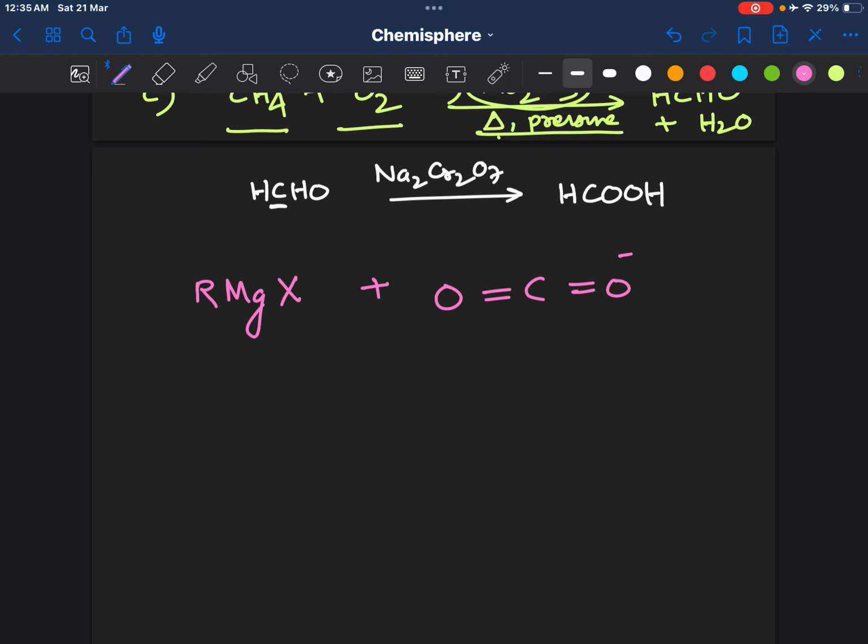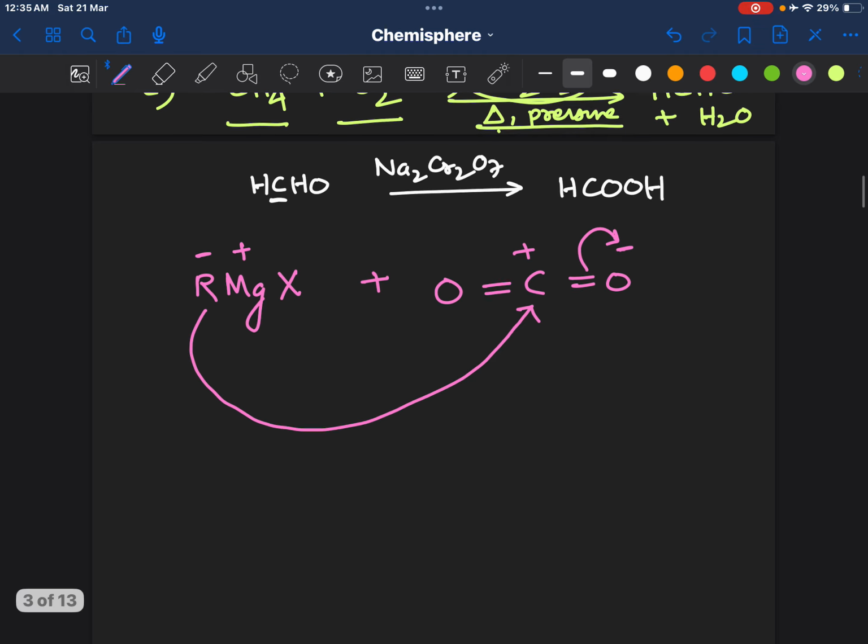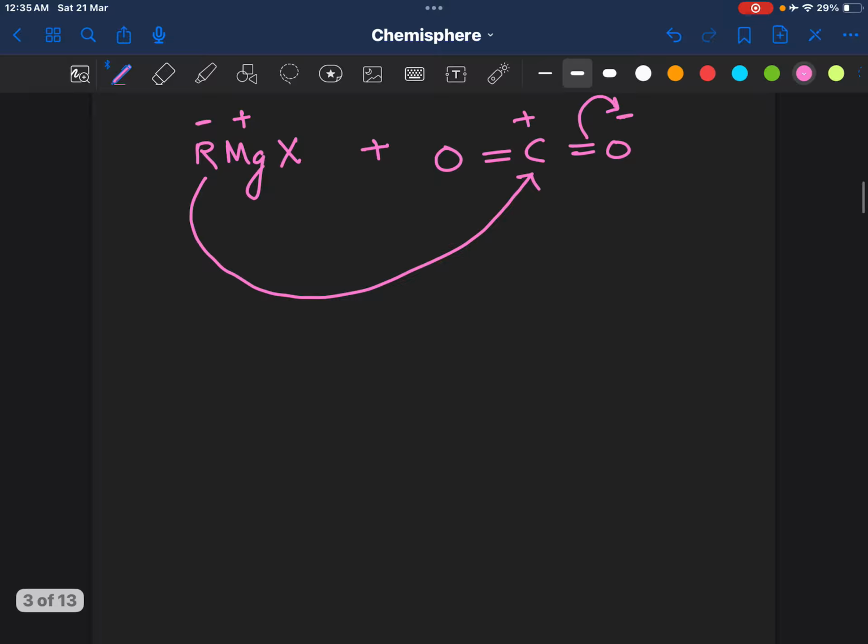Okay, so negative charge, positive charge, oxygen takes these electrons because it is more electronegative. Here also magnesium being a metal, positive charge, negative charge. So therefore this part of the molecule goes and attacks this C. That's how the reaction proceeds. Okay, so here we have the Grignard reagent.